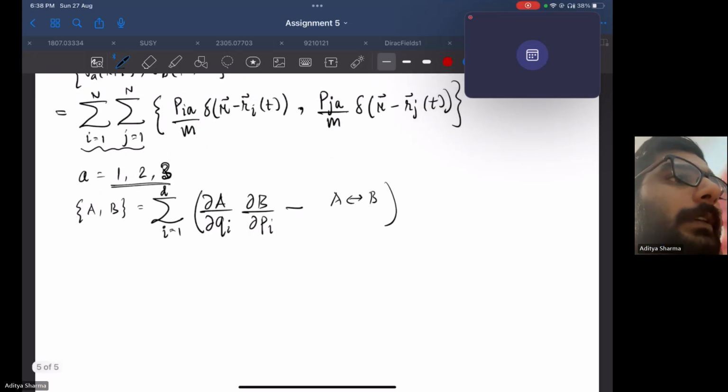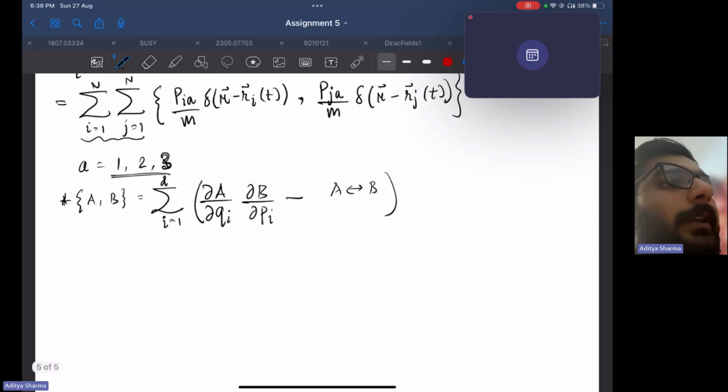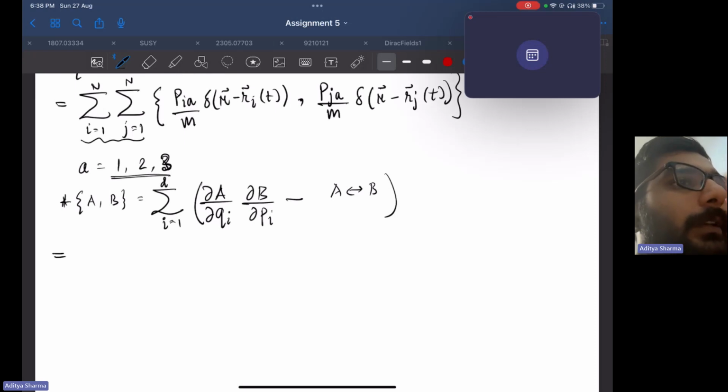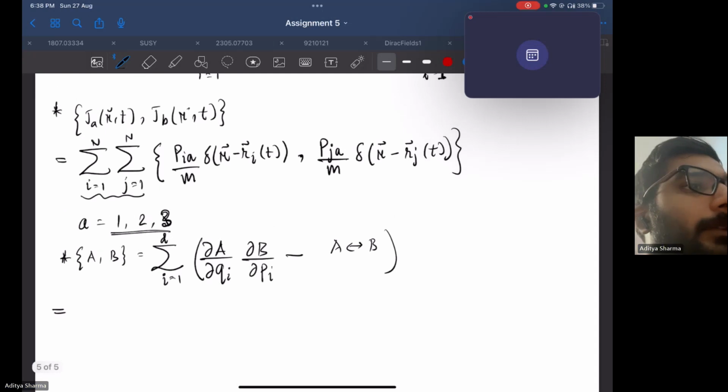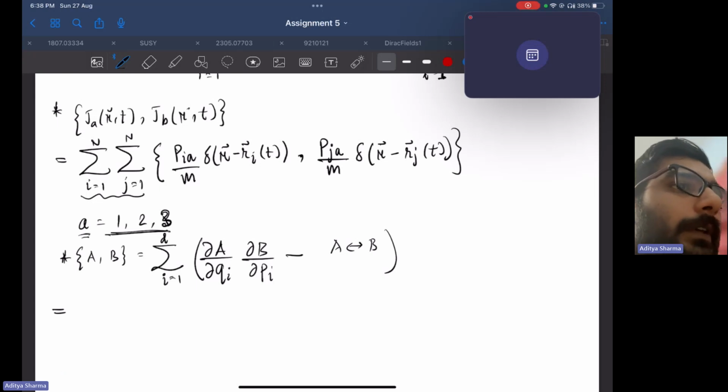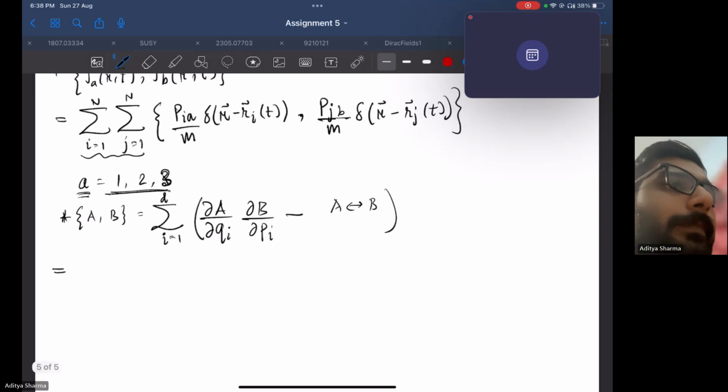So when we expand the Poisson bracket, we want to sum over these things too, and we'll have to give a new index for it, not A, because A is already a fixed index here. A and B here are like, say, X and Y, something like that.